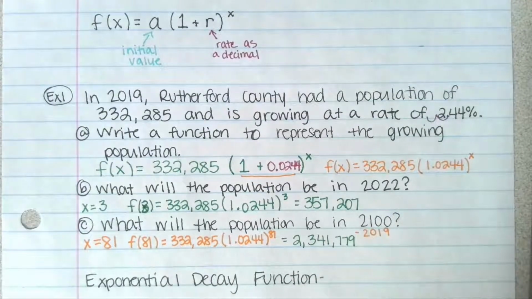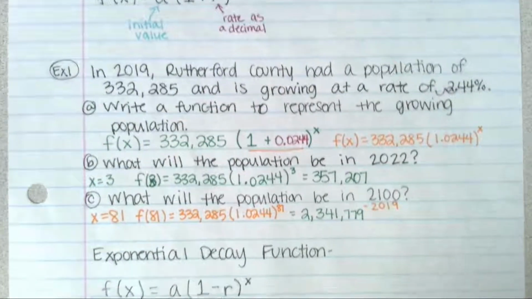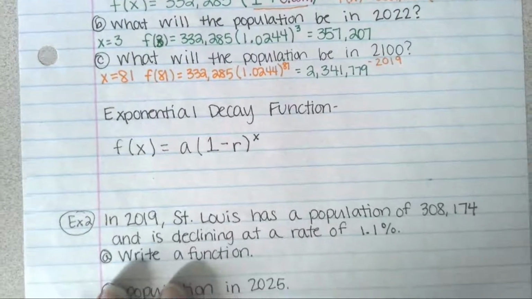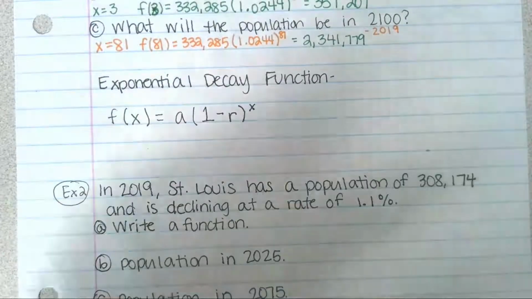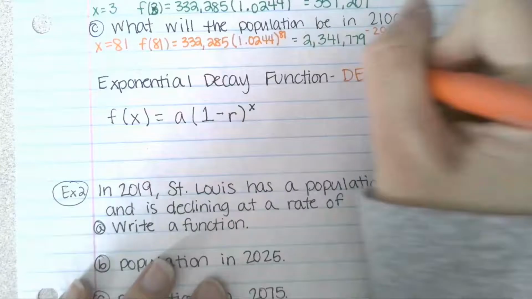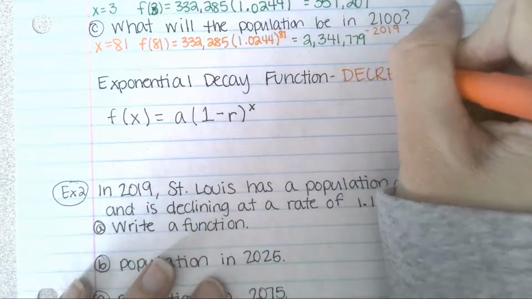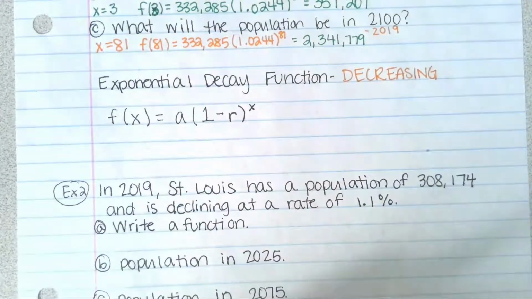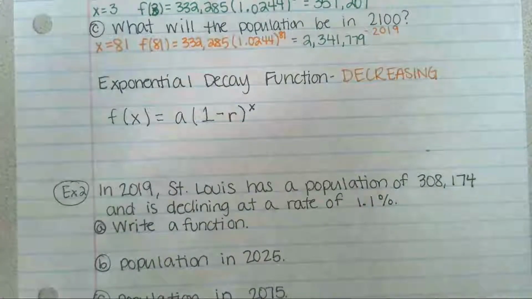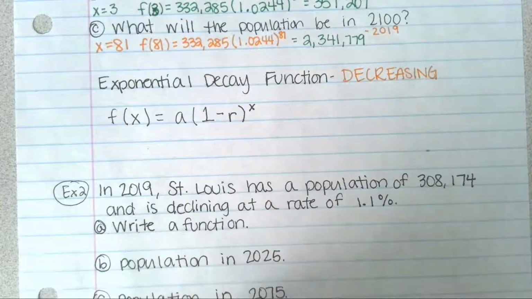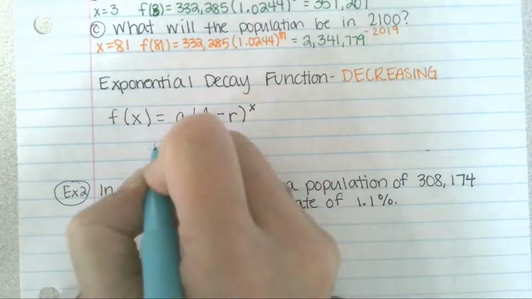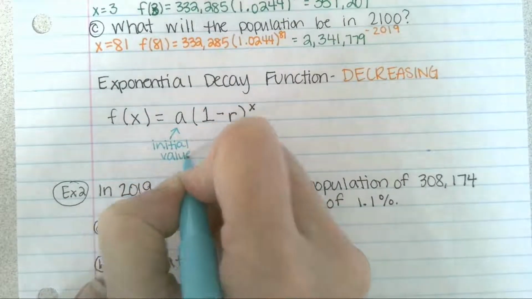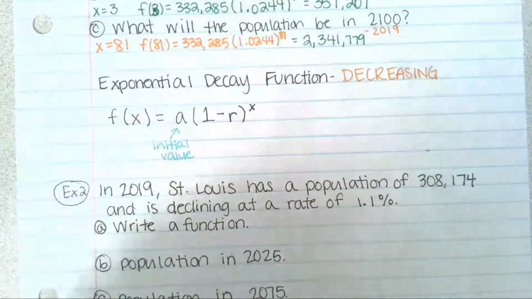Okay, let's look at exponential decay now. An exponential decay function is going to be where it is decreasing. And just like in the growth function, A is still going to represent our initial value, and R is still our rate as a decimal.